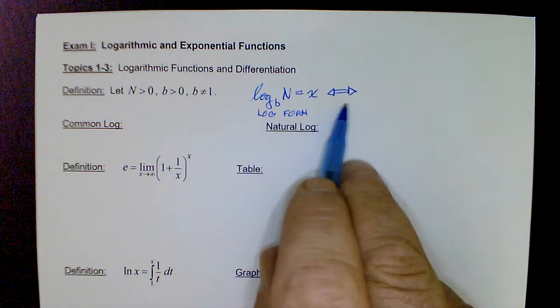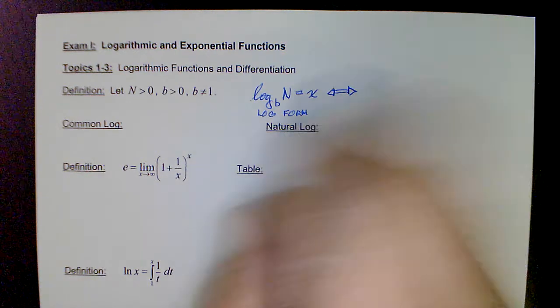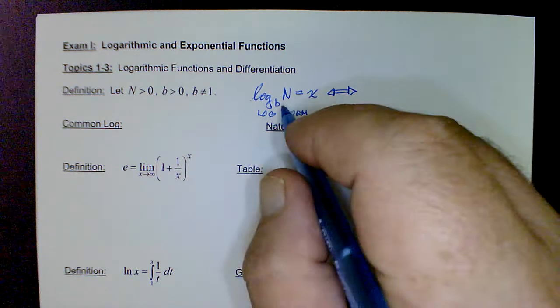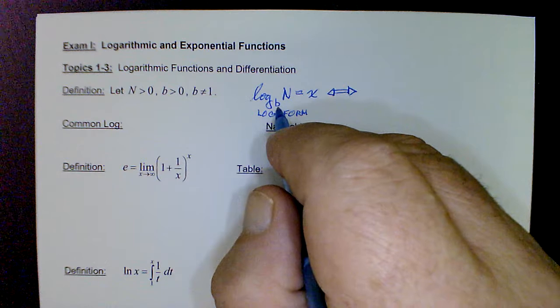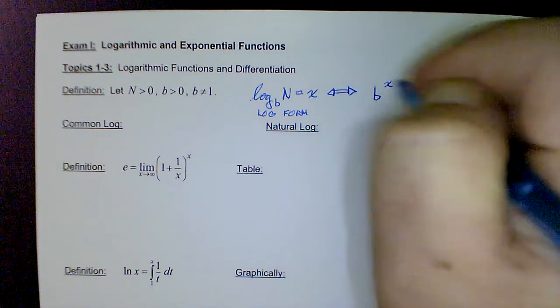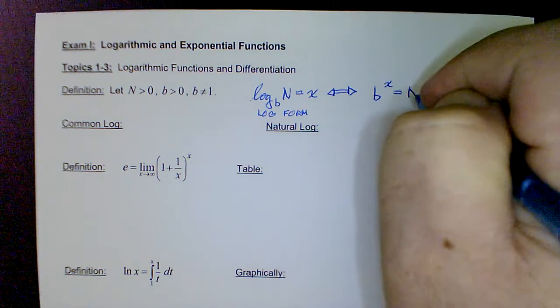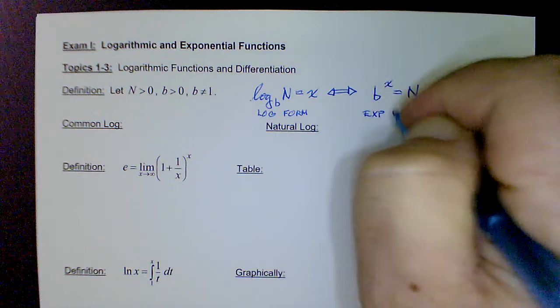And these bidirectional arrows here mean if and only if, so you can go in both directions. We're going to change this to exponential form by taking the base of the logarithm b, raising it to the power x to get the number n, and that is our exponential form.